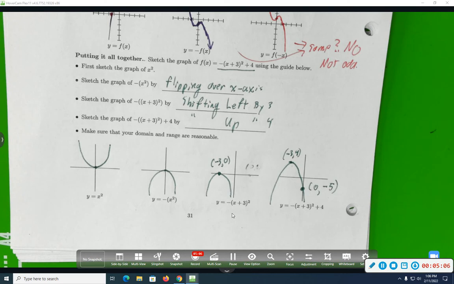So, let's do something similar. There's x squared. Let's do all the same moves. Let's shift left by 3.